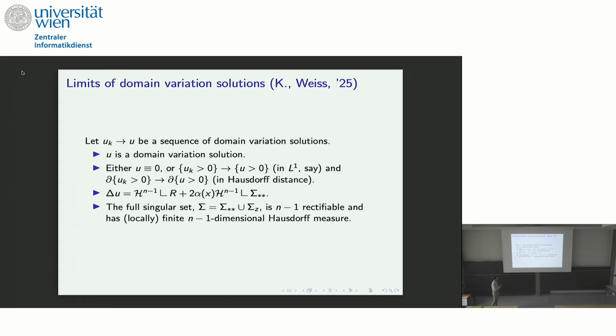Well, it has finite n-1 dimensional Hausdorff measure away from the fixed boundary. Okay, so you can think of this as a compactness theorem or as a regularity theorem, if you want, for stationary solutions to Bernoulli.